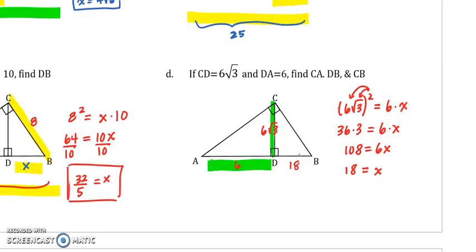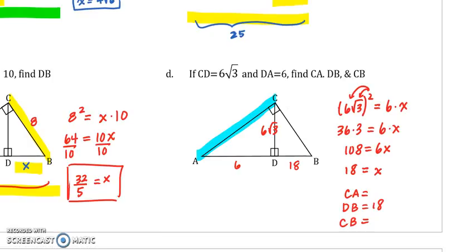All right, now let's just take note. They wanted me to find CA, DB, which I just found was 18, and CB. Okay, so we have a little more work to do. So if I want to find CA, I have to slide again. You ready? Let's call this a different letter. How about we just call this side length A?